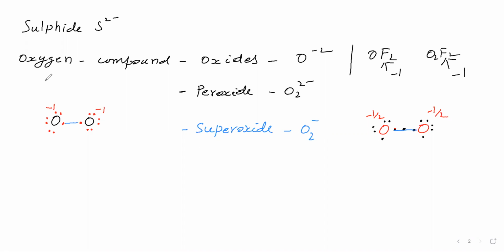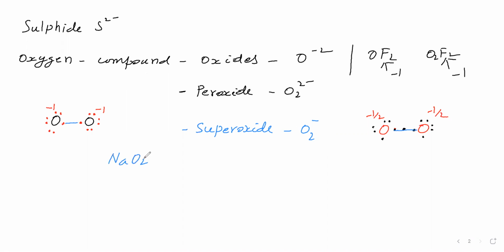So oxygen generally has an oxidation number of -2 in its compounds; in peroxide it is -1, and in superoxide it is -1/2. But in OF2 and O2F2, oxygen takes a positive oxidation number. In which cases is peroxide possible?